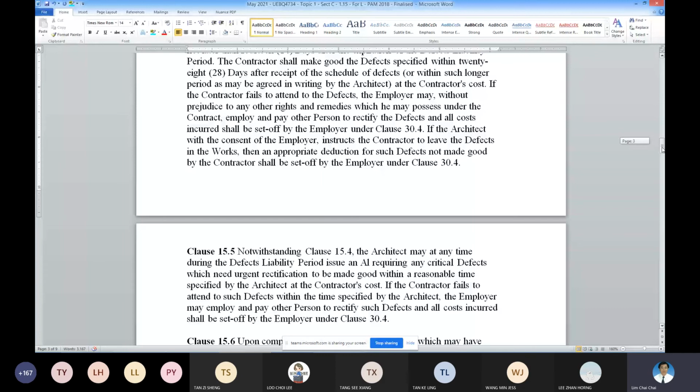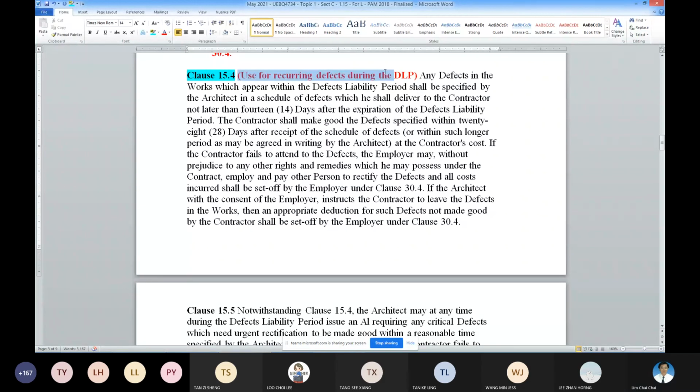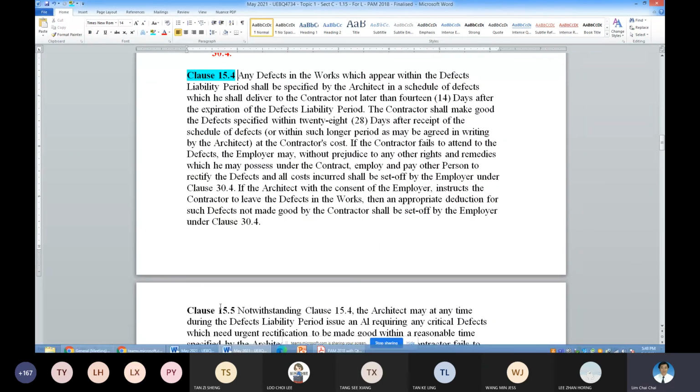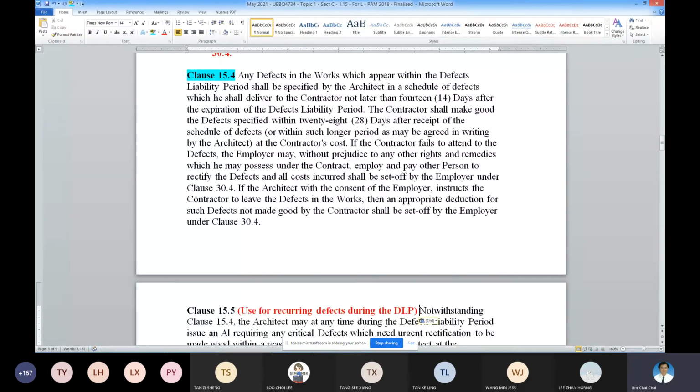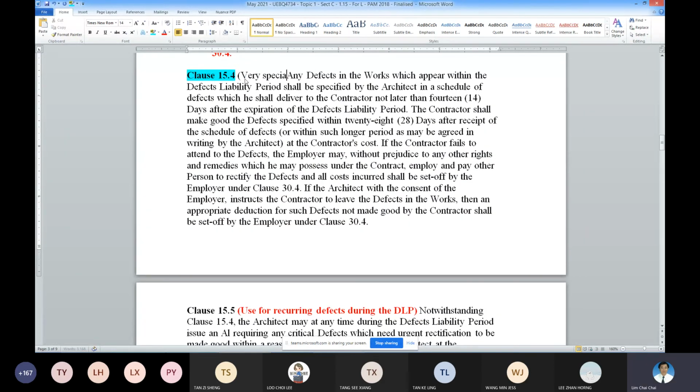This one is a special. 15.4 is a very special clause. Sorry, so this one is 15.5. Okay, so 15.4 is a very special clause. This one is a defect list.